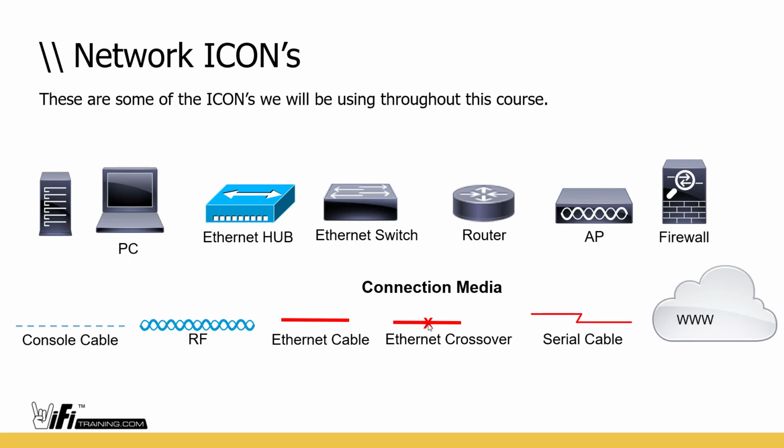If you see a straight cable with the X on it, that's an Ethernet crossover cable, and we'll go over the differences of those as we go forward. The jagged line here, that is always going to be indicative of a serial cable. And then finally, you've got the cloud over here, which could be WAN access or internet access, depending on what we're using it for in the topology.